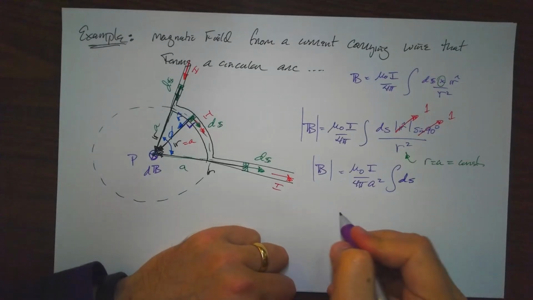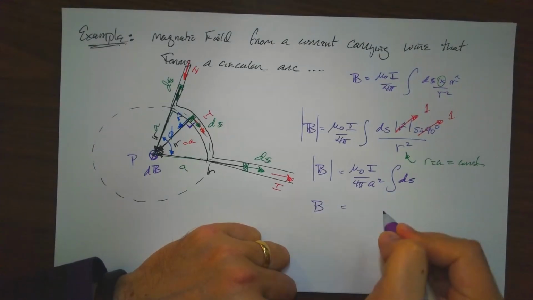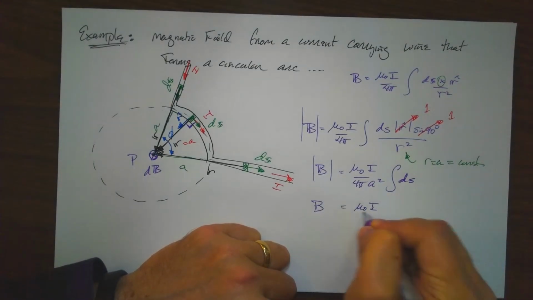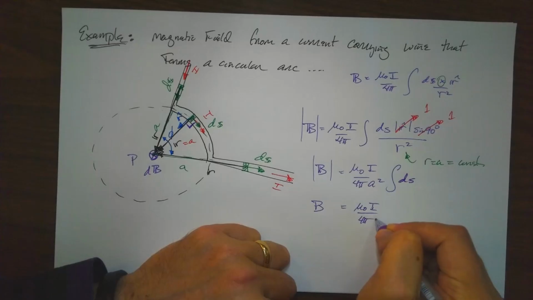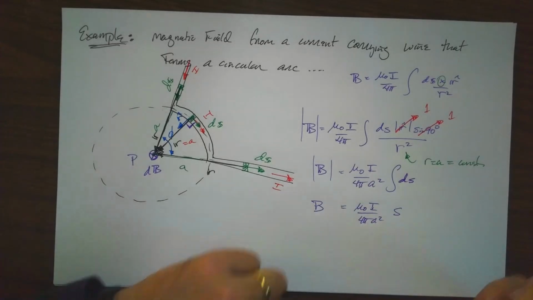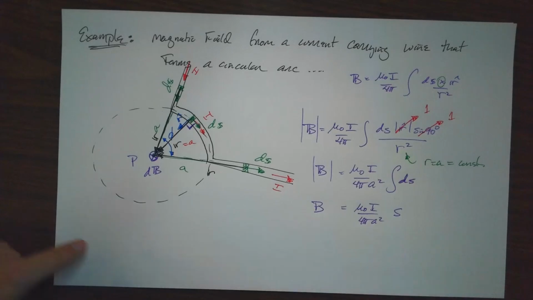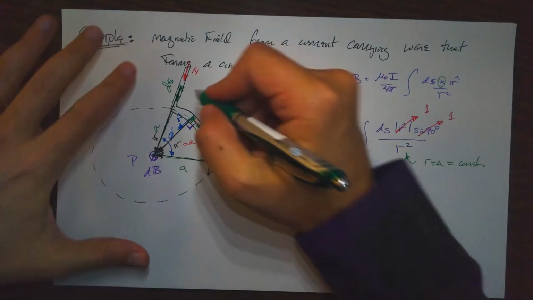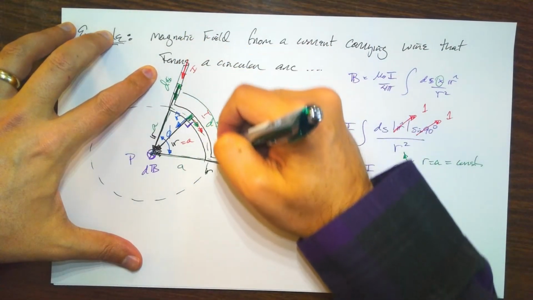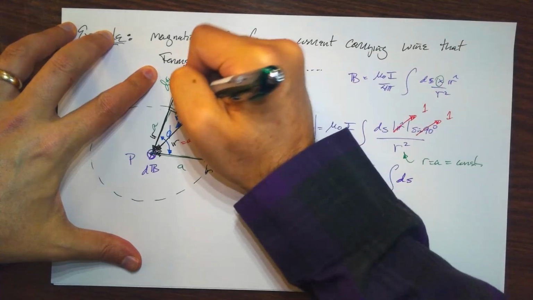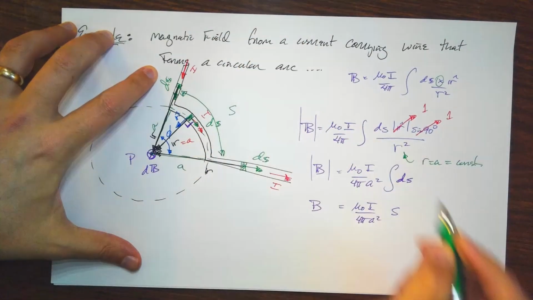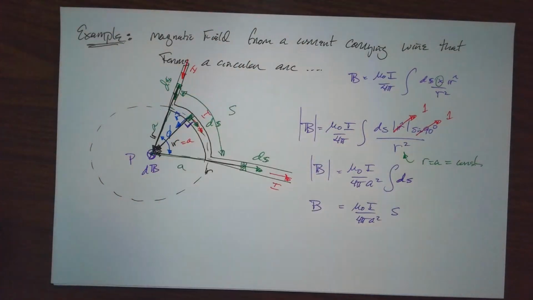Okay? And then what we can do is S is just our arc length of the wire.